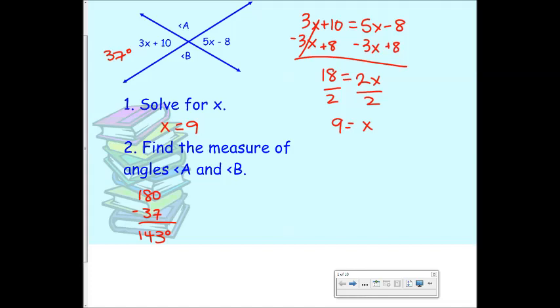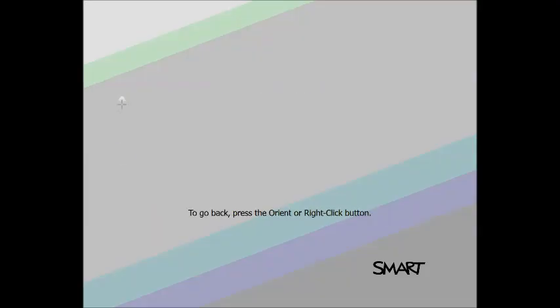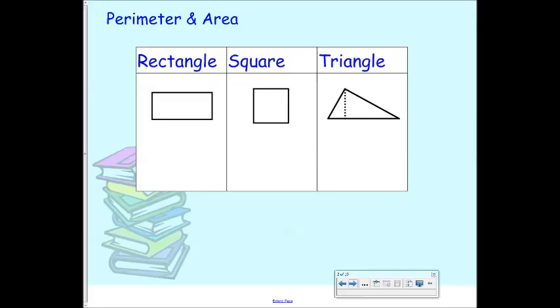So today what we're going to talk about is probably what you expect when you think of geometry.